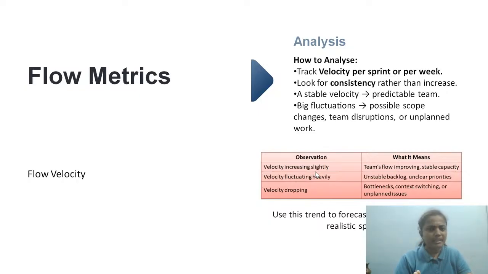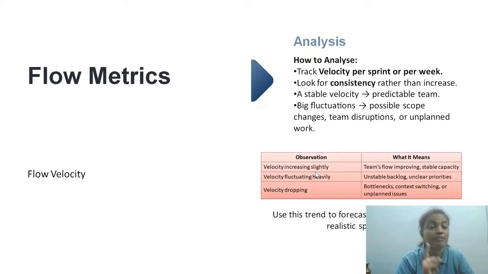So with velocity, do not think of increasing it. Look for consistency. As we talked about Scrum and Kanban, it's all about velocity per sprint or any time frame: completed work items in a specific period of time.